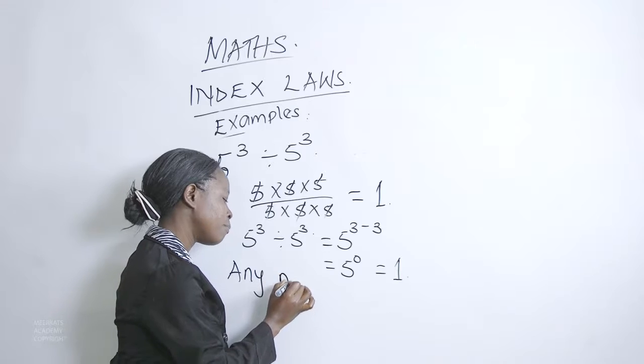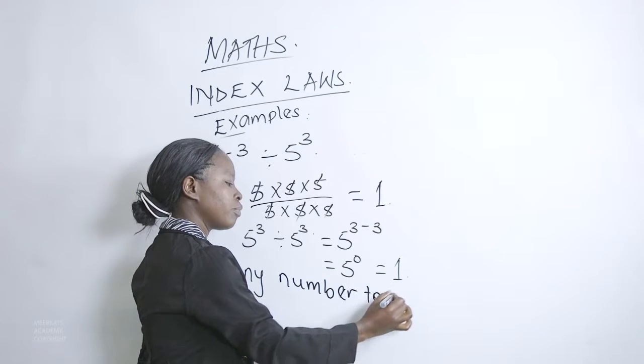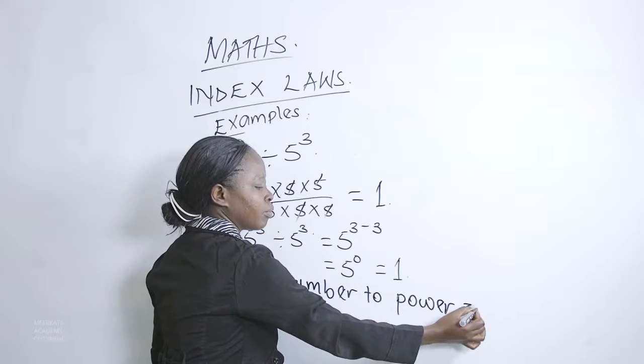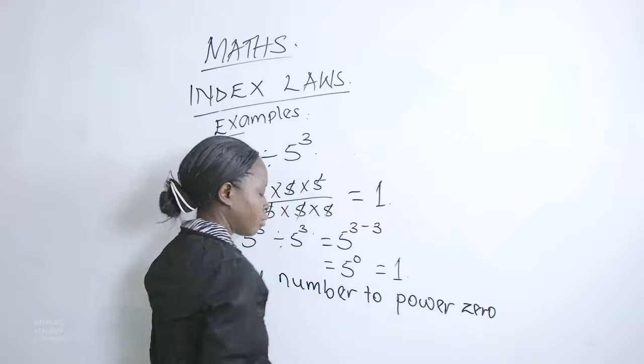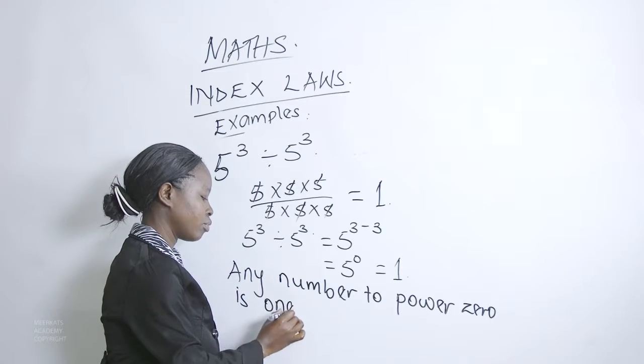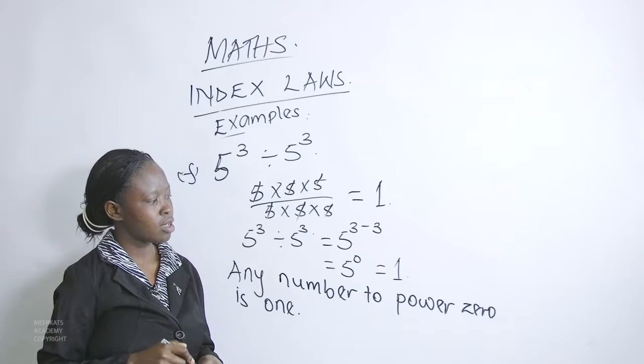So any number to power 0 will give us 1.